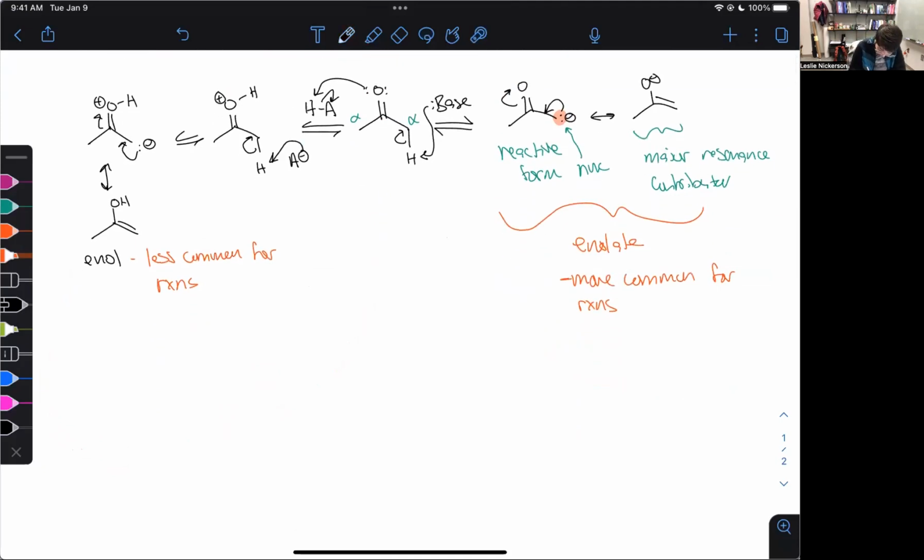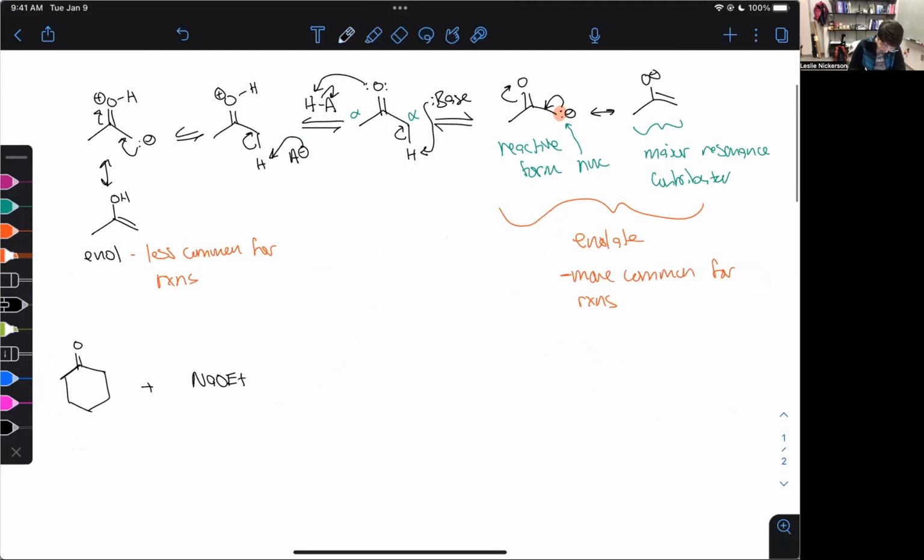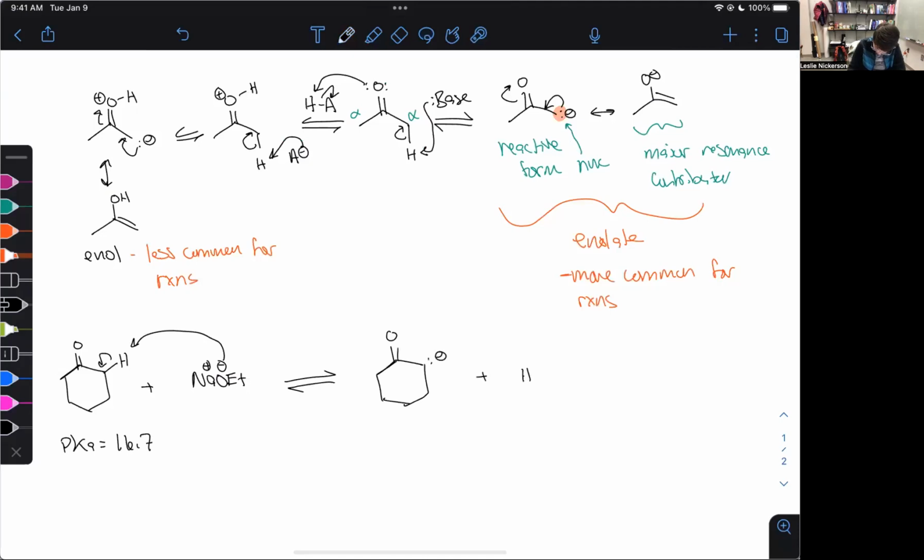So let's take a look at cyclohexanone. And to get a good understanding of enolates, it really helps to think about pKa's. So if I take sodium ethoxide and I've got cyclohexanone over here, the pKa of cyclohexanone is 16.7. So if I do my acid-base reaction here, okay, then I get my enolate and I get ethanol.